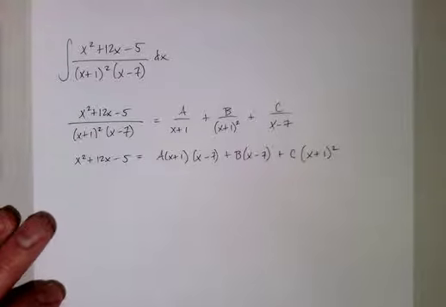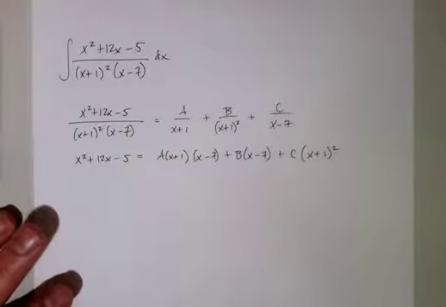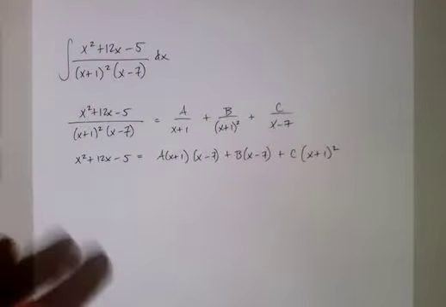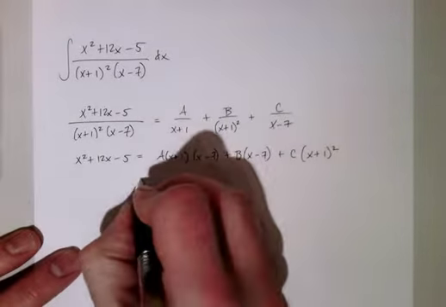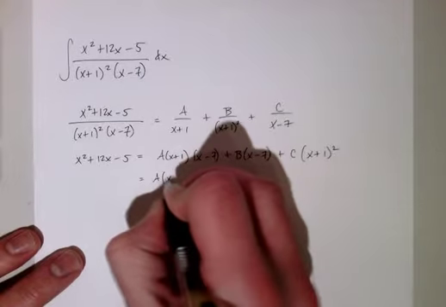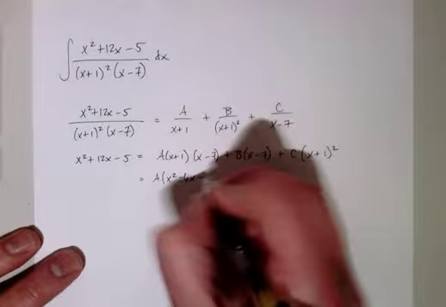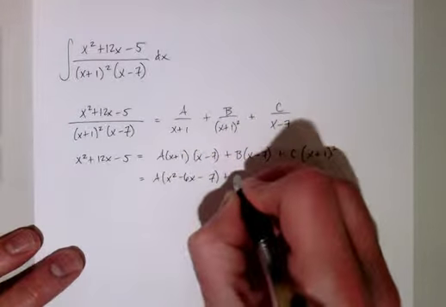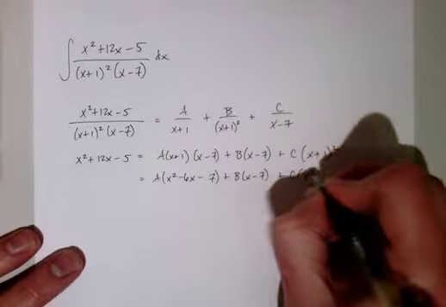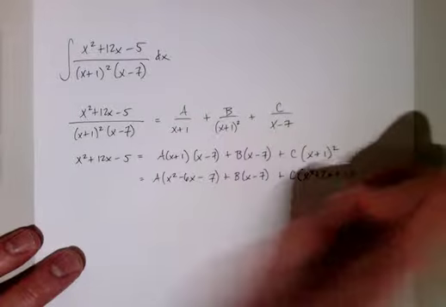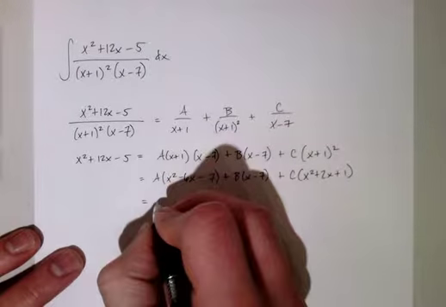Okay. Now we can go ahead and use the convenient value method or the Heaviside method at some point. I would rather do it after I do the multiplying out and the recombination in terms of coefficient comparison.